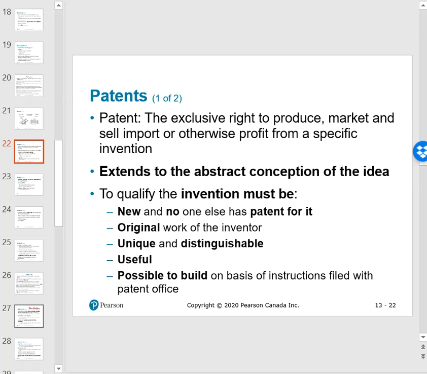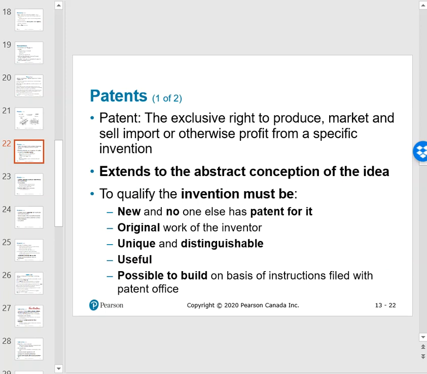Okay? And for an invention to be protected, this invention has to be new. No one can already have a patent for it. This invention has to be an original work. It also has to be unique, distinguishable from others.